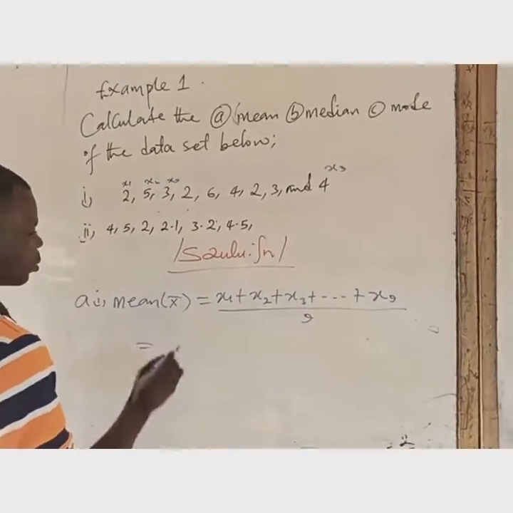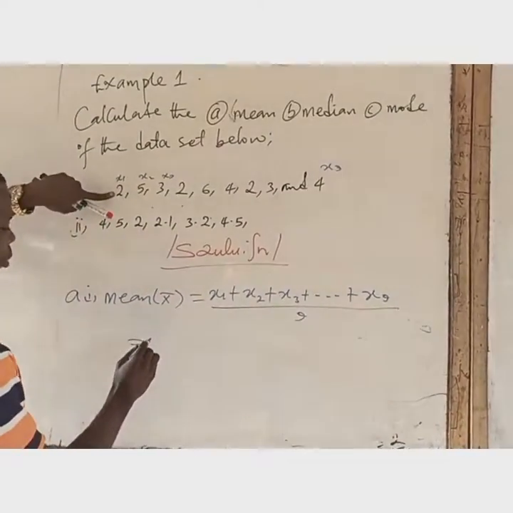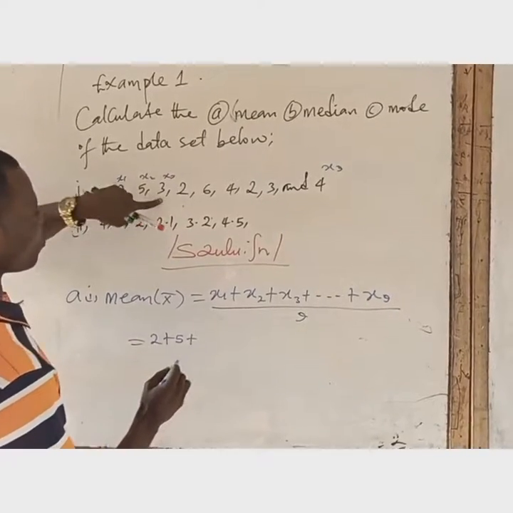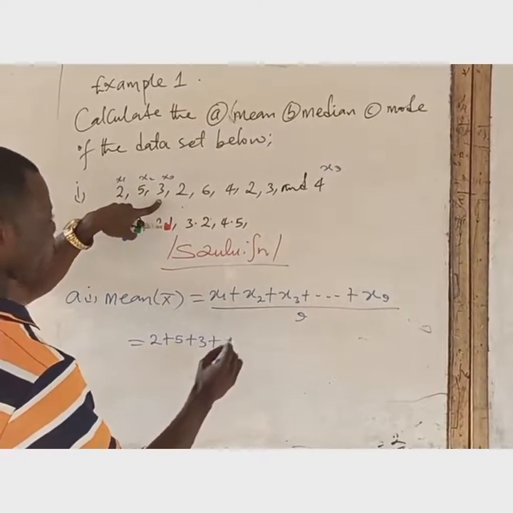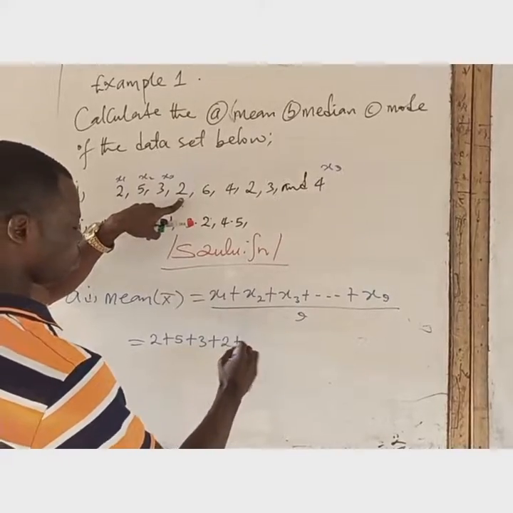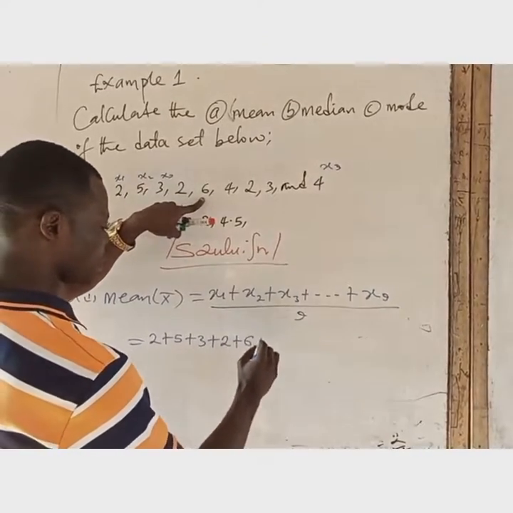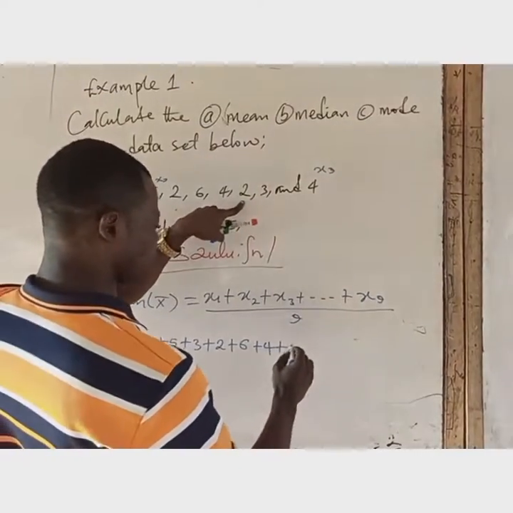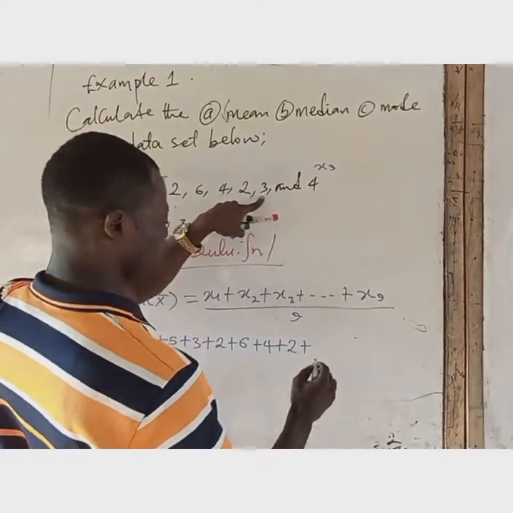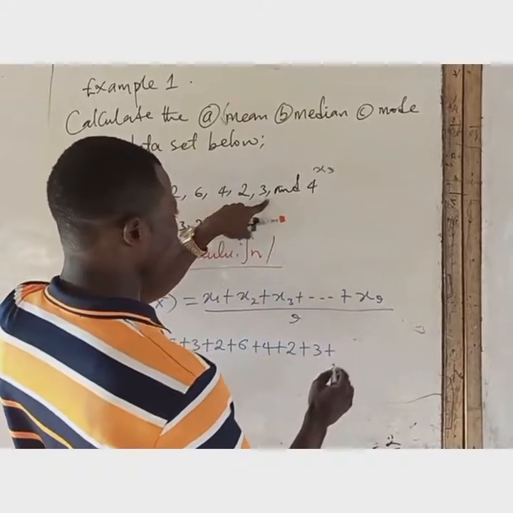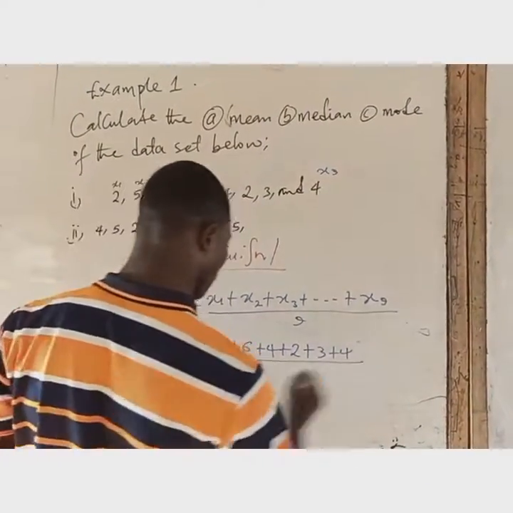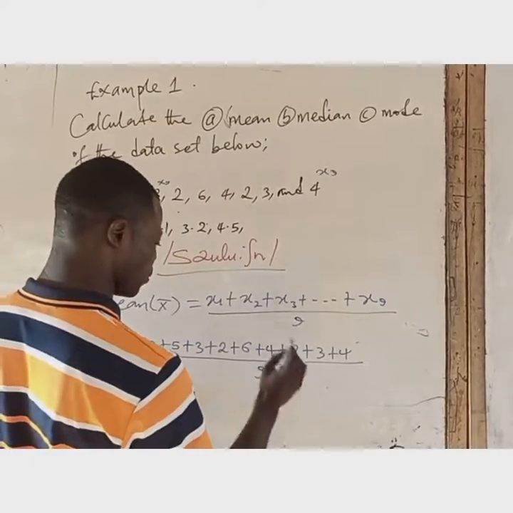So let's substitute. We are going to have 2 plus 5 plus 3 plus 2 plus 6 plus 4 plus 2 plus 3 plus 4 all over 9.